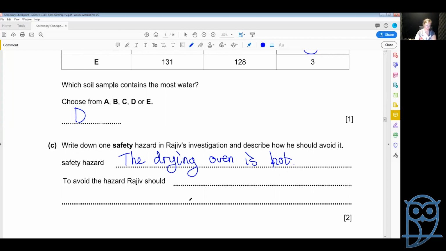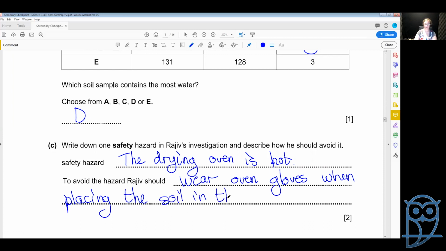So to avoid the hazard, Rajiv should wear oven gloves when placing the soil in the oven, or when taking it out.